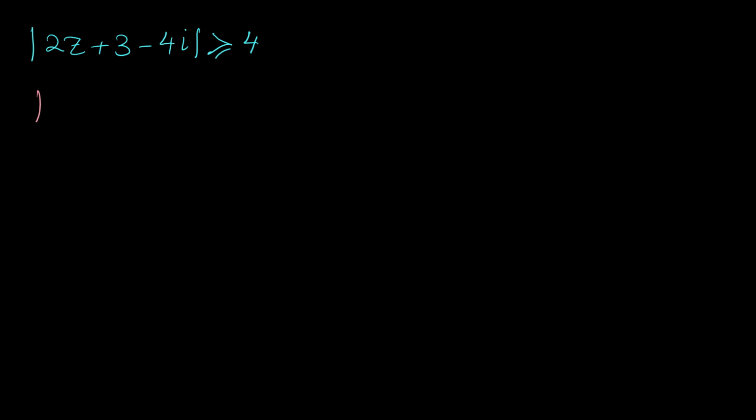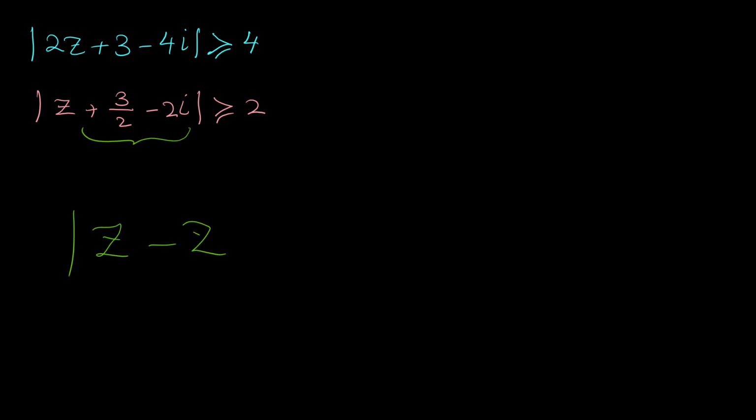So the first thing is to get rid of that 2, so we divide both sides by 2. Then we have absolute of z plus 3 over 2 minus 2i greater than or equal to 2. Of course this should be 2i, since we divided everything by 2. Now the other thing that we have to do is to factor a negative from this number here, because we always want to have z minus z0.